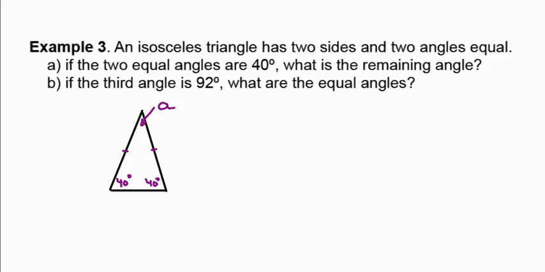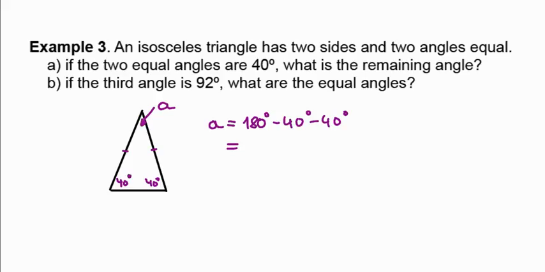And what we have here is just another triangle. We have two angles, and we're looking for a third one. Once again, all angles in a triangle add up to 180. So we can calculate A simply by subtracting 180 minus 40 and minus the second 40.